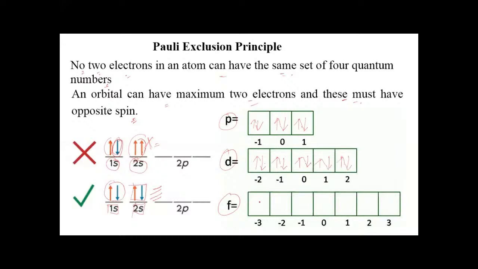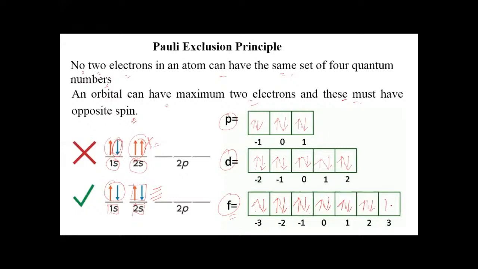Similarly, the f subshell has 7 atomic orbitals, and each atomic orbital can have a maximum of 2 electrons that must have opposite spin, like this.